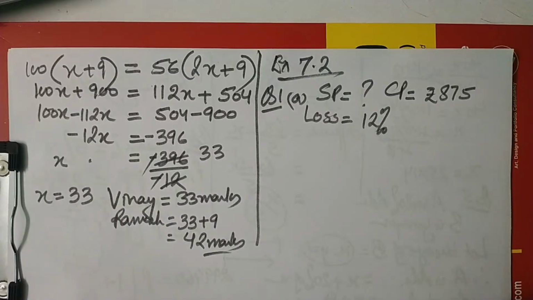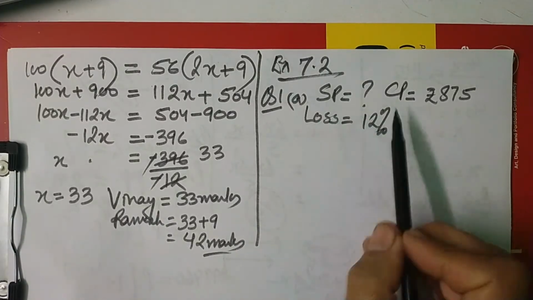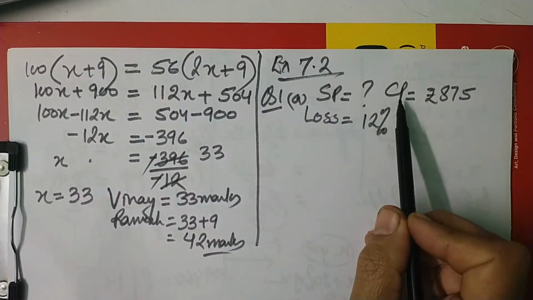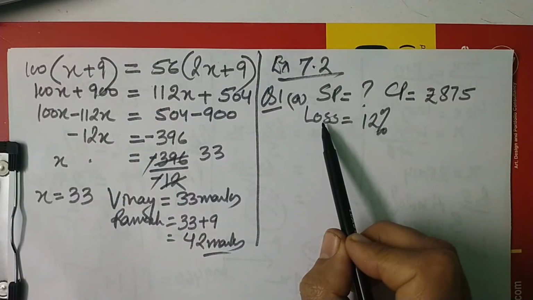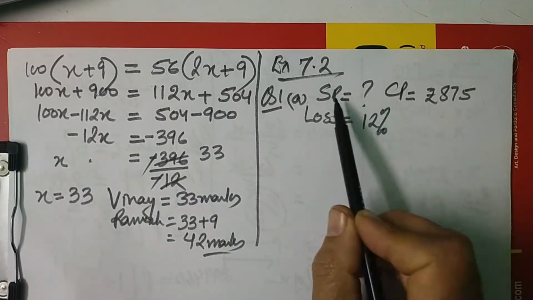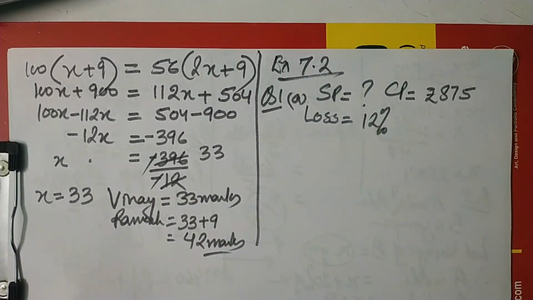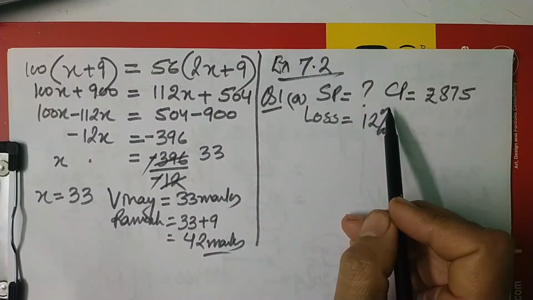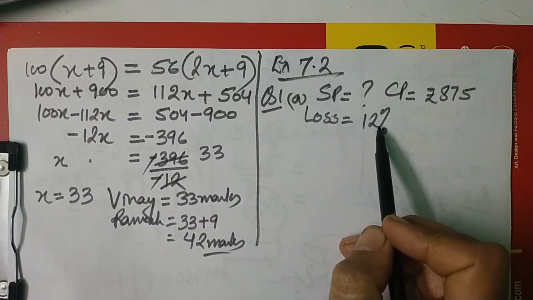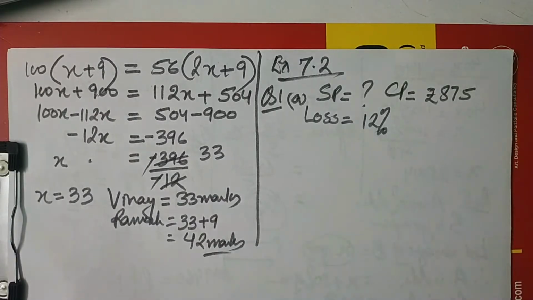Then we are told to find, in these questions where selling price, CP, SP, three things should be there. Out of the three things, one you have to find. So how will you do this question where there is a loss of 12%, CP is given 875.